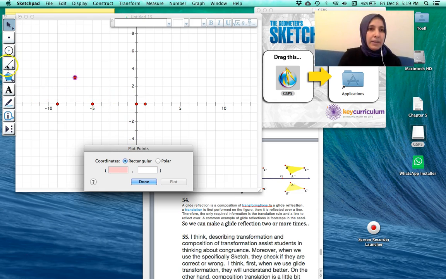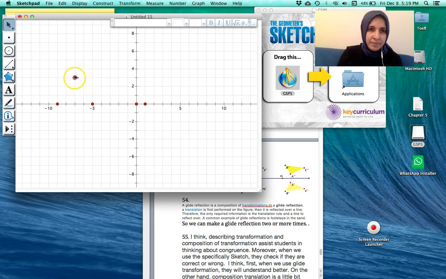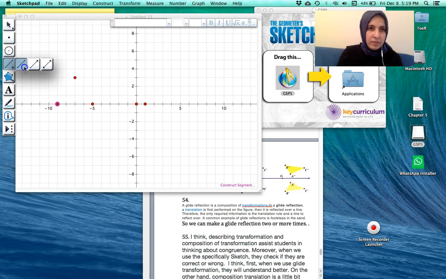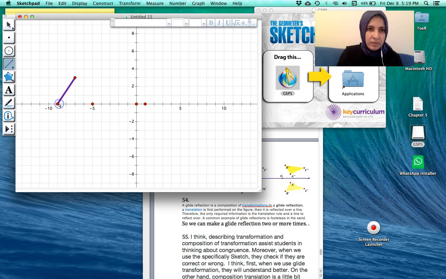Okay, let's make a triangle. Connect these points and then label them with A.